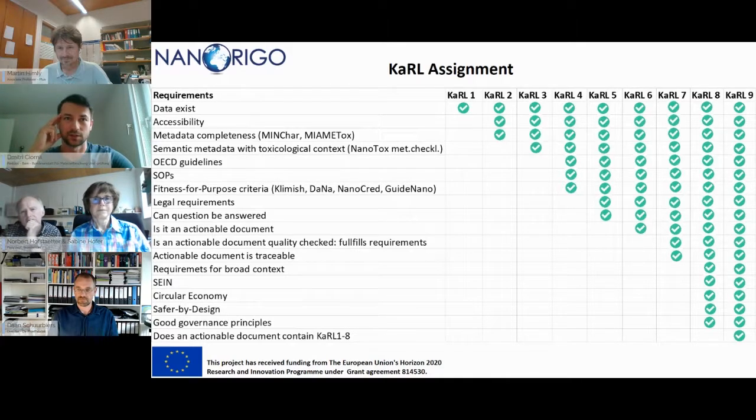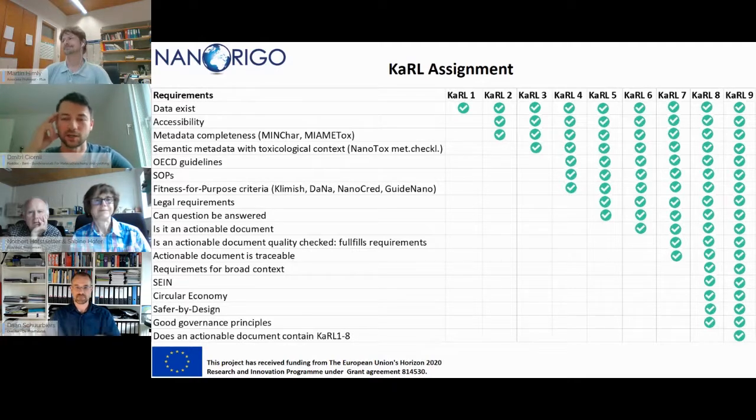So again, the third party gathered the information on a question of a stakeholder. And yes, so what level could it be?